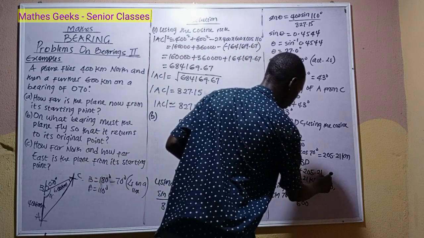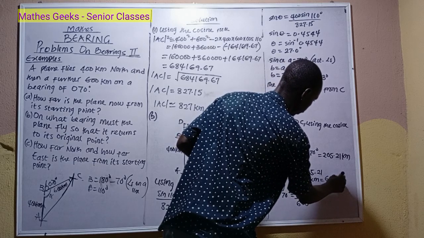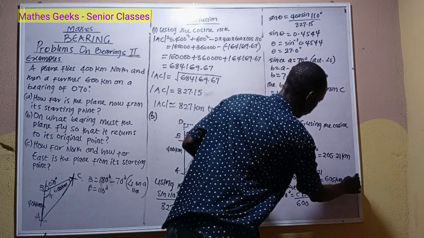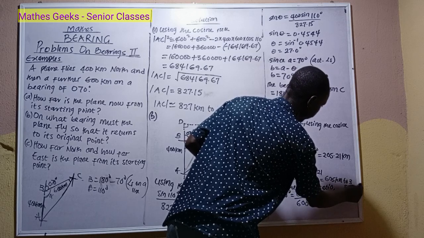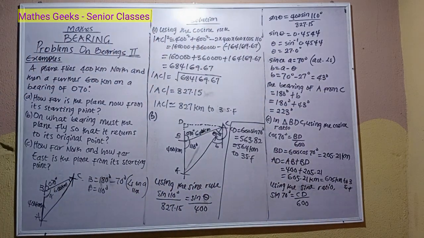And we correct the northward distance to 605 kilometers to 3 SF. So those are the answers.